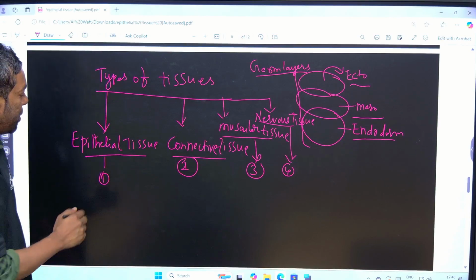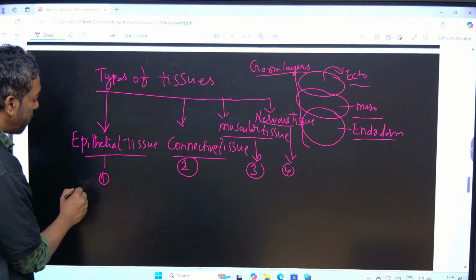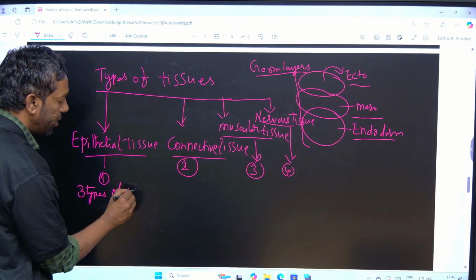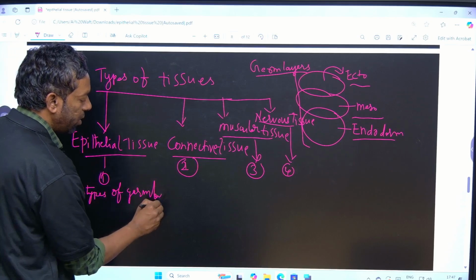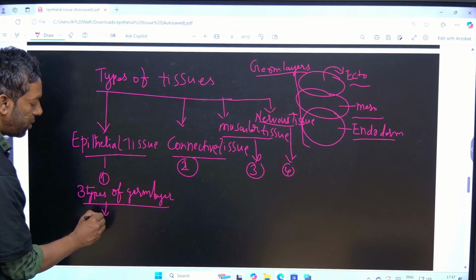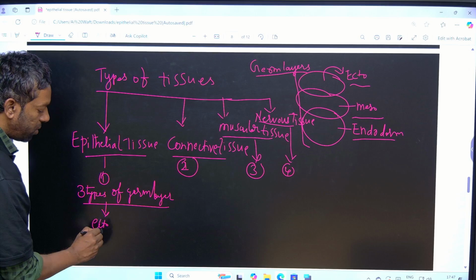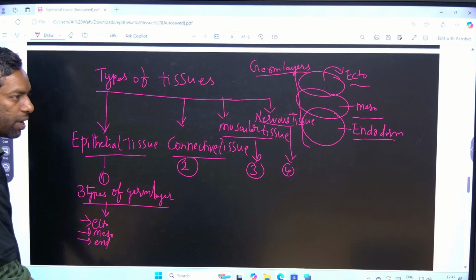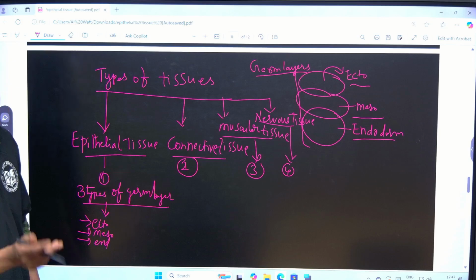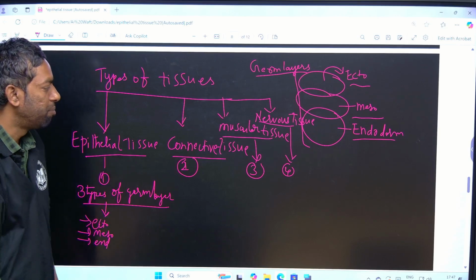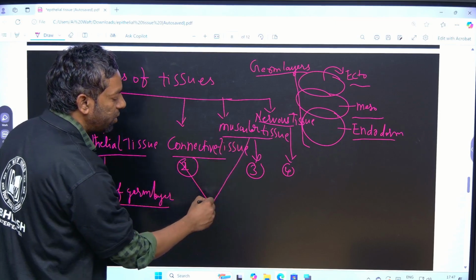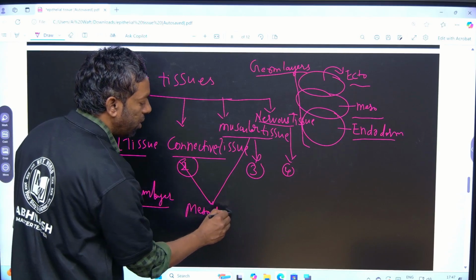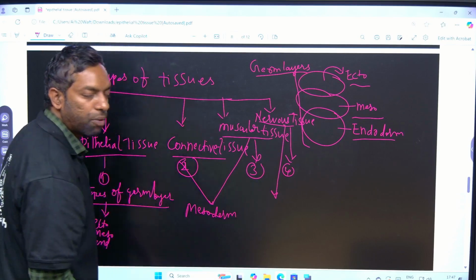Coming to epithelial tissue, it is developed from 3 types of germ layers. What are they? Ectoderm, mesoderm, endoderm. If we come to connective tissue and muscular tissue, they develop from the mesoderm, and nervous tissue is developed from the ectoderm.